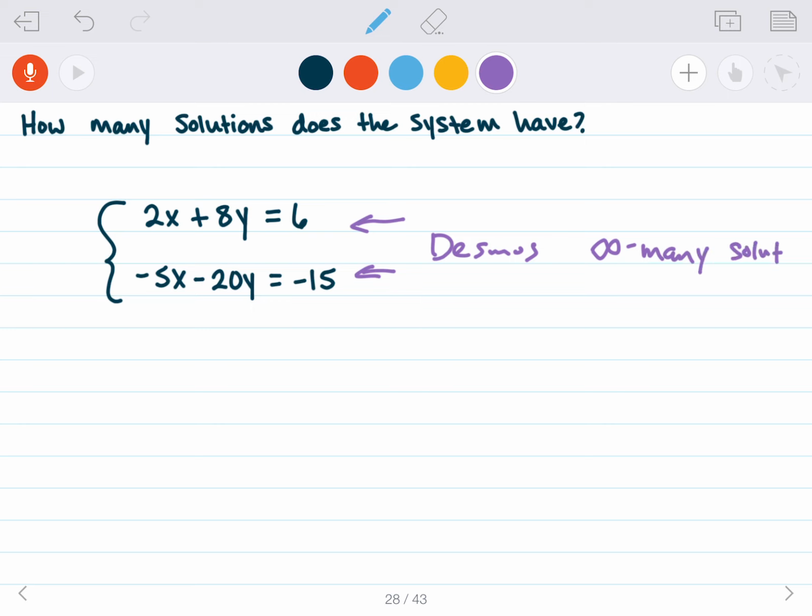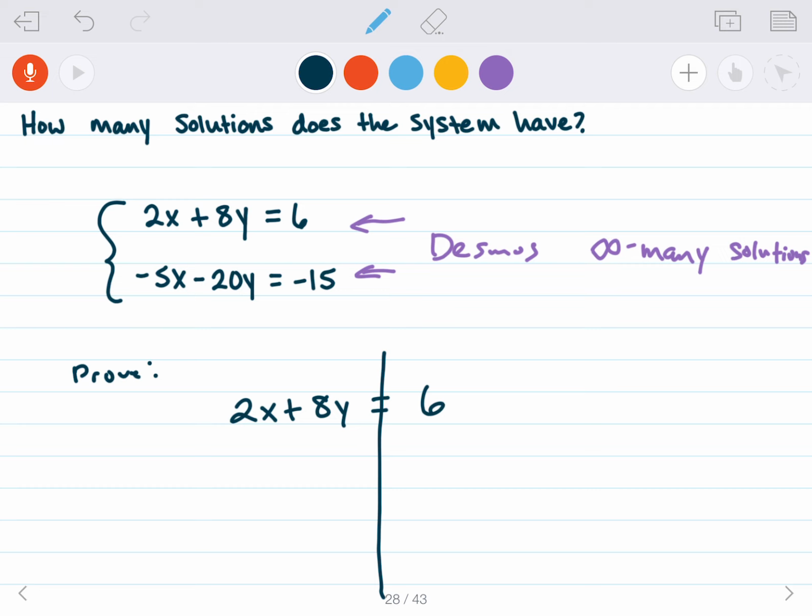But let's prove this algebraically. The first line is 2x plus 8y equals 6. Now again, the strategy is to put this thing into y equals mx plus b form because we're trying to show that both of these lines are secretly the same line. And what better way to show it than to put them both in y equals mx plus b form?